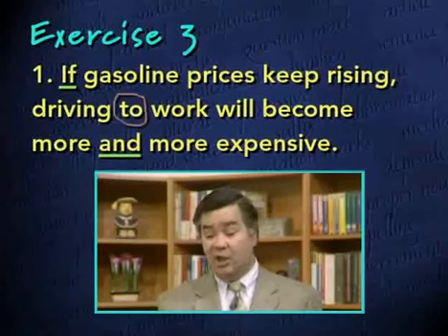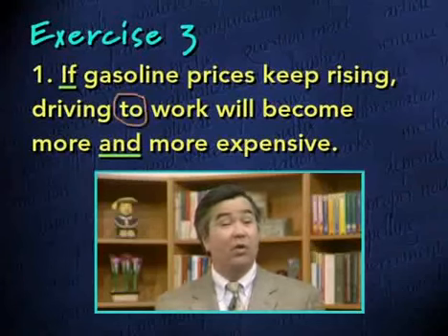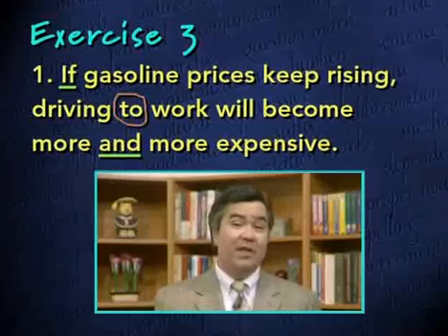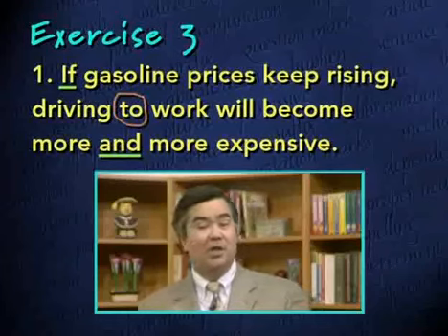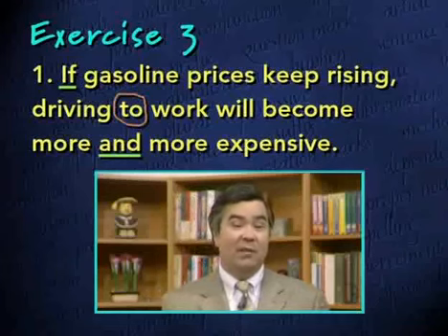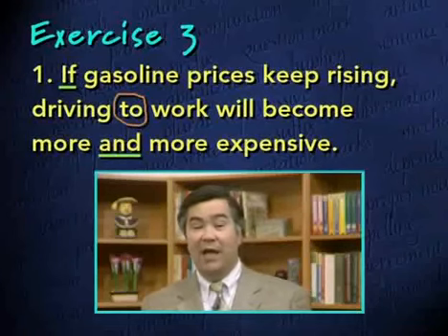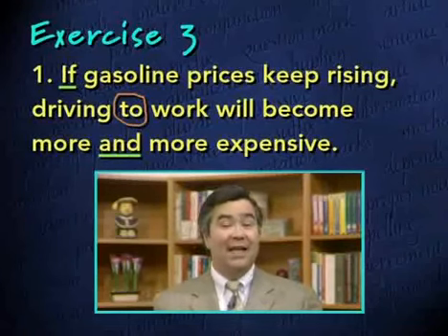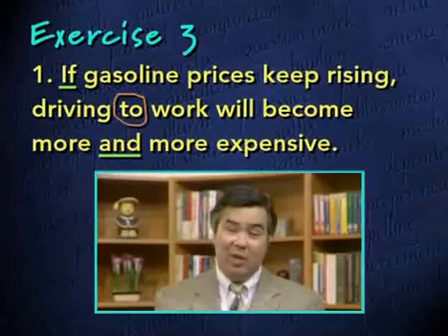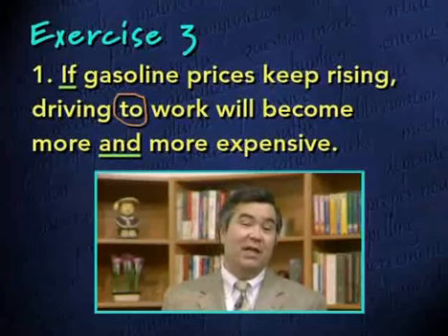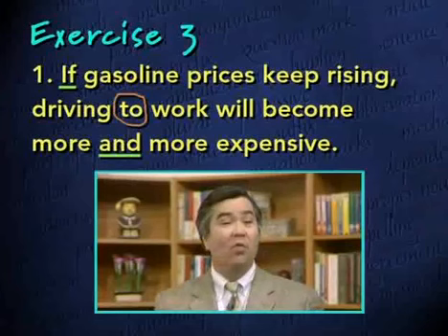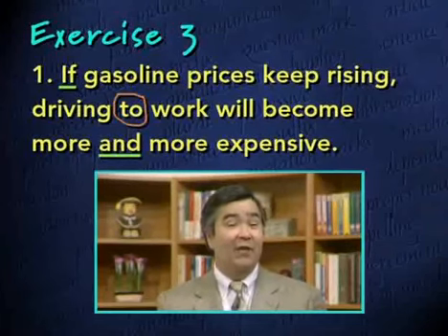There's one preposition, to, driving to work. Remember that a preposition always introduces a prepositional phrase, and what follows the preposition is a noun or a pronoun. In this case, work is a noun. Work is one of those words that can be used as more than one part of speech. Work is often used as a verb.